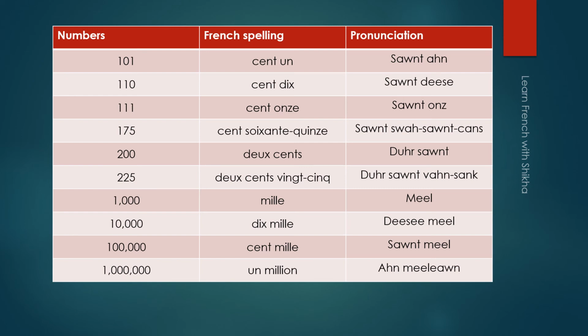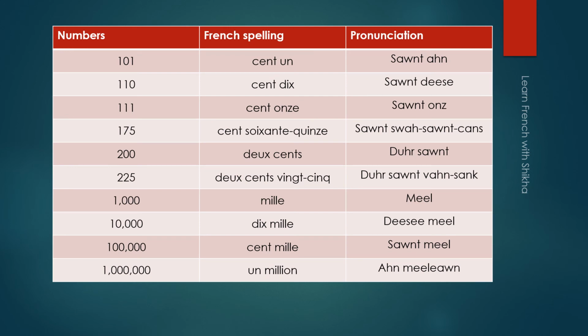So 200 becomes deux cents. Next number, 225 is deux cent vingt-cinq. Deux cent vingt-cinq is 225.